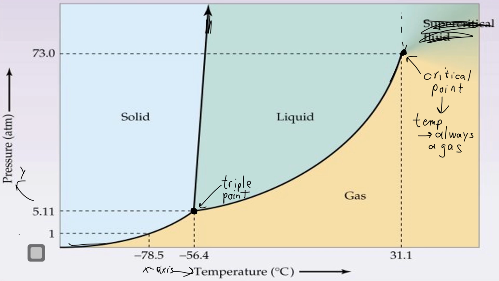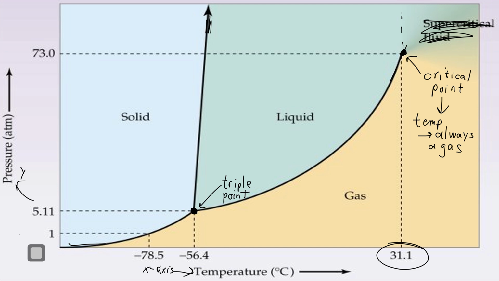All right, basically when you reach this temperature, so whatever the substance this is, they're saying at 31.1 degrees, it doesn't matter how much pressure you put on this, this substance is moving so fast, it will not change into any other state, even if you keep on applying more and more pressure to it.